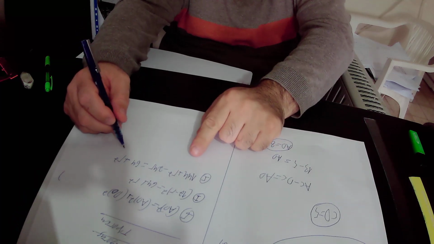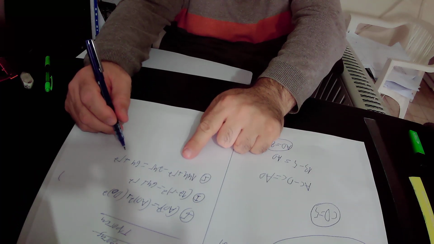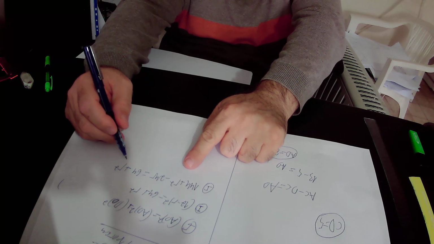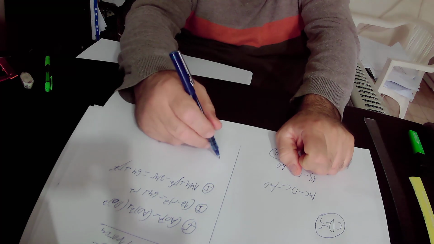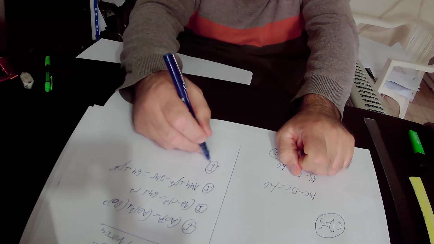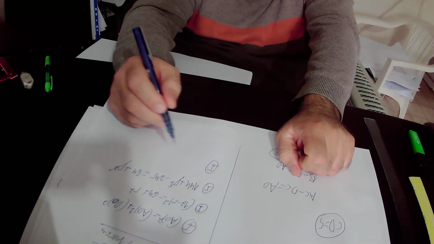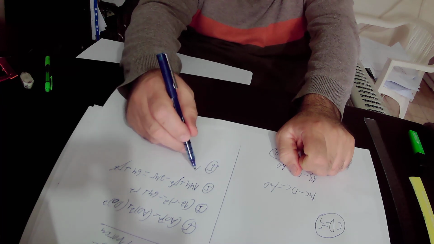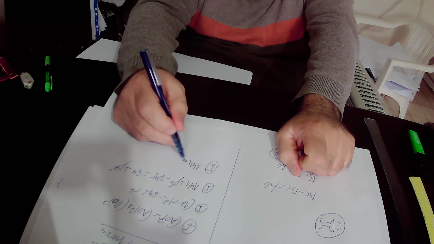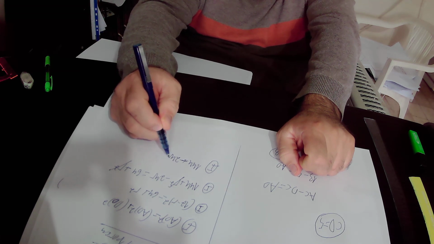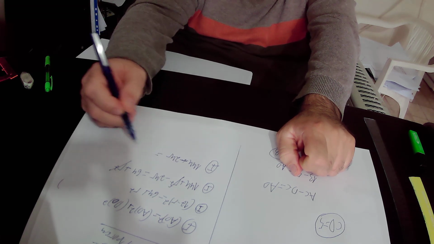Here we have R square on both sides of equation number 1, so R square will get cancelled, and what is left is 144 minus 24R equals 64.